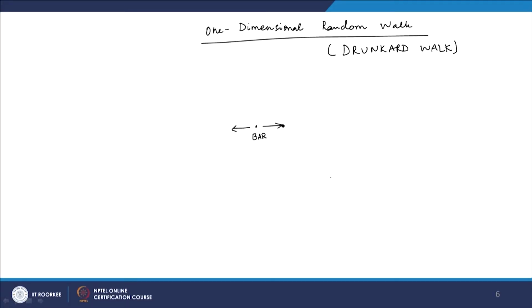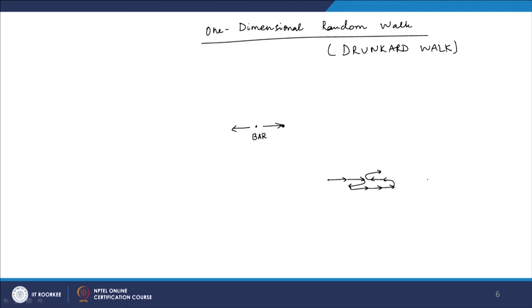Okay. So, in that case he will perform a walk something akin to this, provided that he is only walking left and right. So, he can make certain steps to the left, then certain to the right and so on.